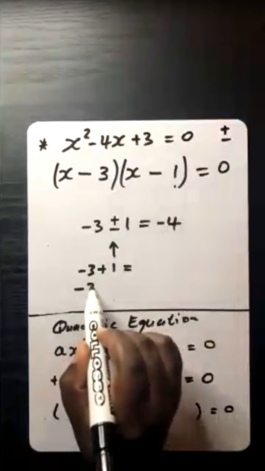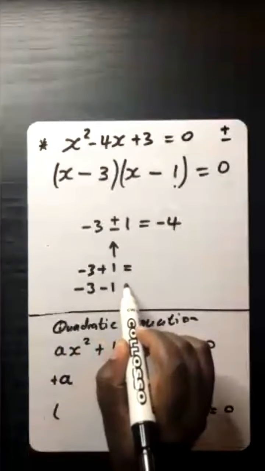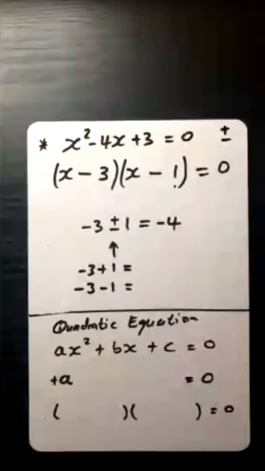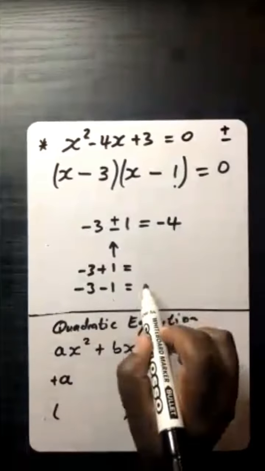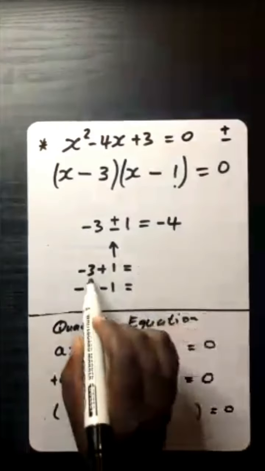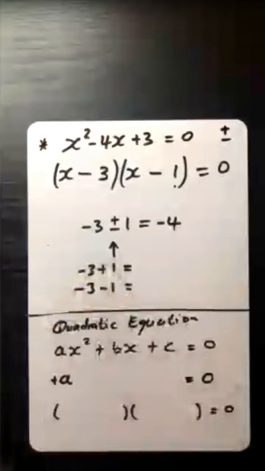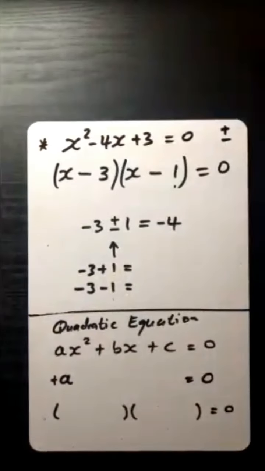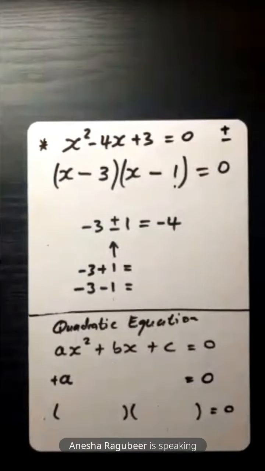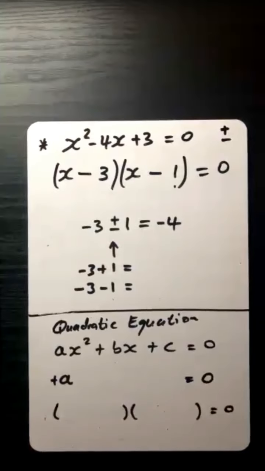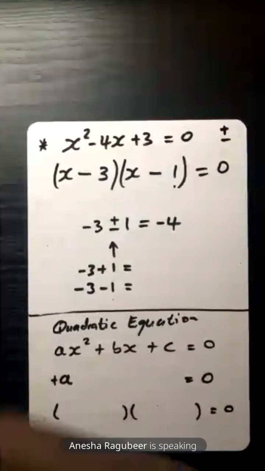Test again with -3, -1, and check what answer you get. So whichever gives you -4, then you take that sign and that sign, or otherwise that and that. I'm not sure if you understand, Shreyas. No, sir, I understand now. Are you happy with that explanation? Yes, sir.